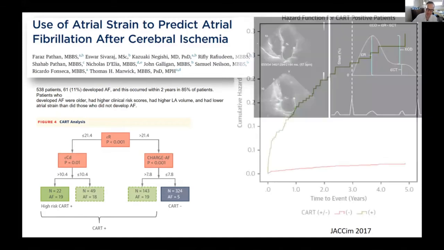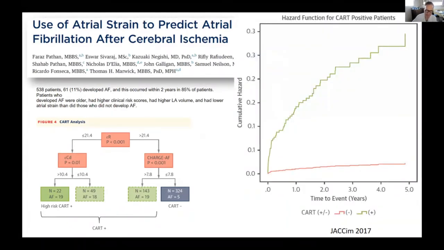And if I come back to stroke, you see that in that large study performed in more than 500 patients by Tom Marwick's team, it has been shown very nicely that the LA reservoir function is quite powerful to distinguish the patients who have some degree of atrial arrhythmias and the ones who don't have any atrial arrhythmias.